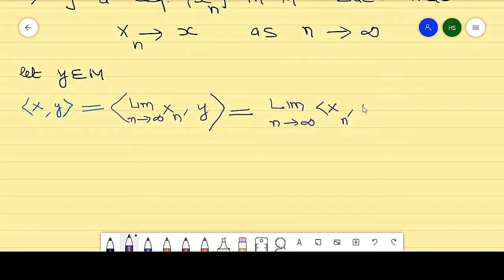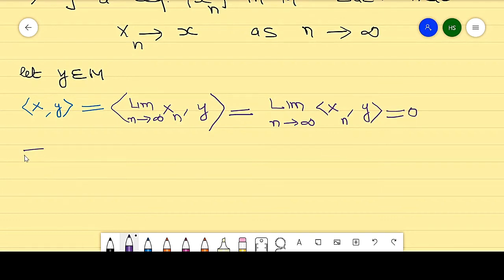The inner product of xn, y: xn belongs to the orthogonal complement of M, so its inner product with every vector of M is equal to 0.